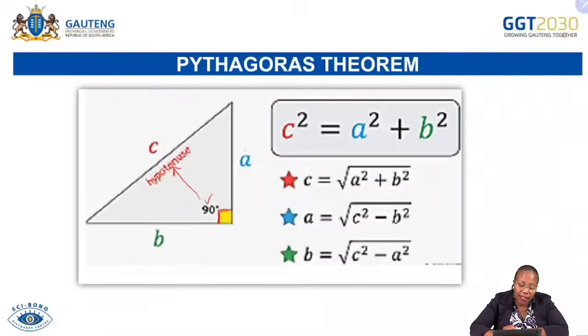And then we have side A and side B there. One will be adjacent and the other one will be your opposite side, depending on which angle you are referring to, because we have an angle there and another angle there. So this one depends on the point of reference in terms of an angle.